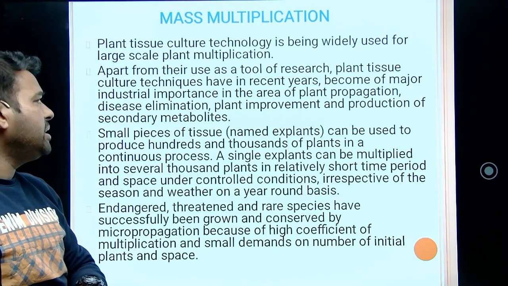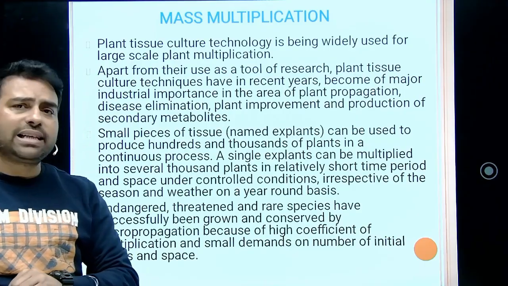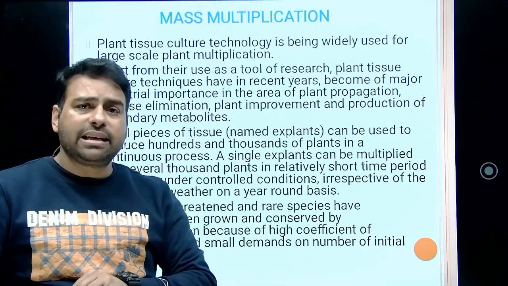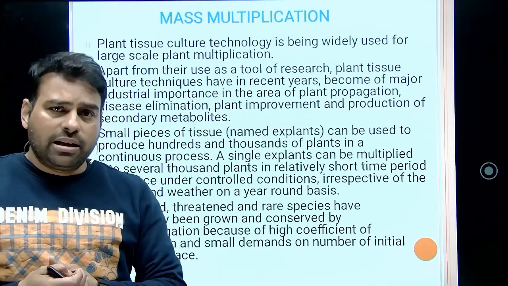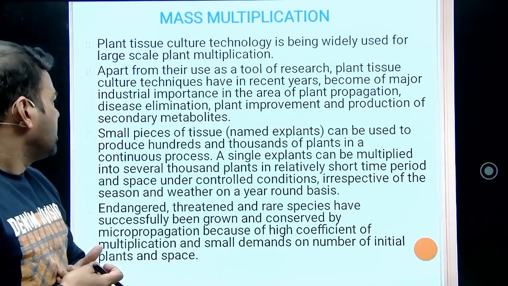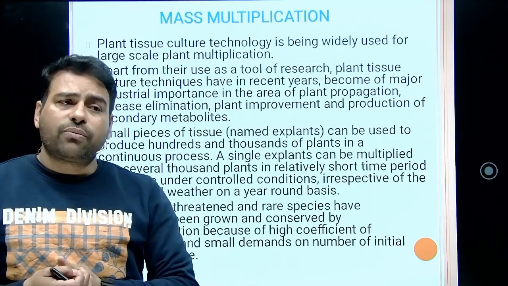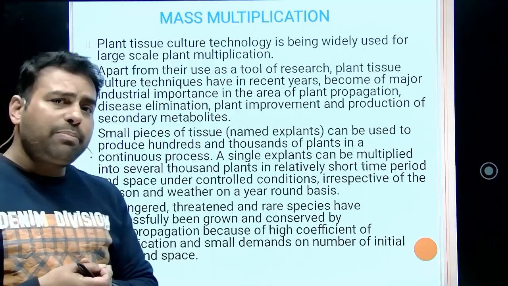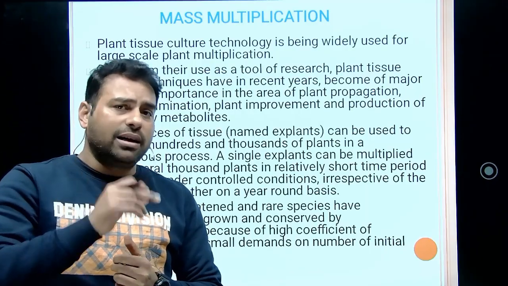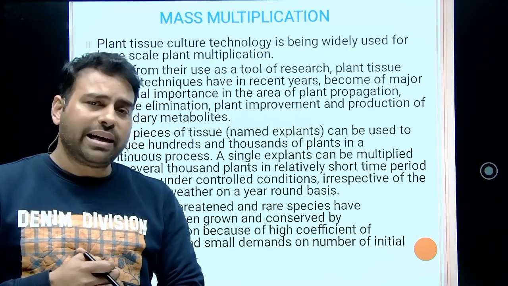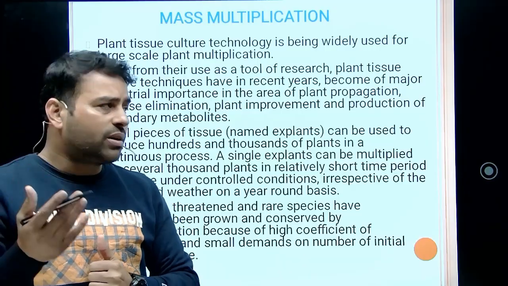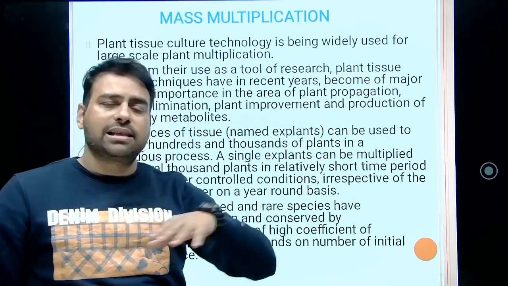Apart from its use as a tool of research, plant tissue culture is a culture technique that has in recent years become a very popular and important method for plant propagation and plant multiplication. Small pieces of a plant, or we can say tissue, that can be used for the production of the plant further, are known as explant, as discussed in the previous slide.